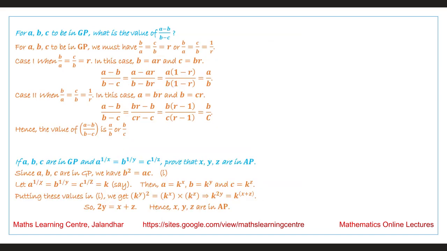Next is, for A, B, C to be in GP, what is the value of A minus B over B minus C?